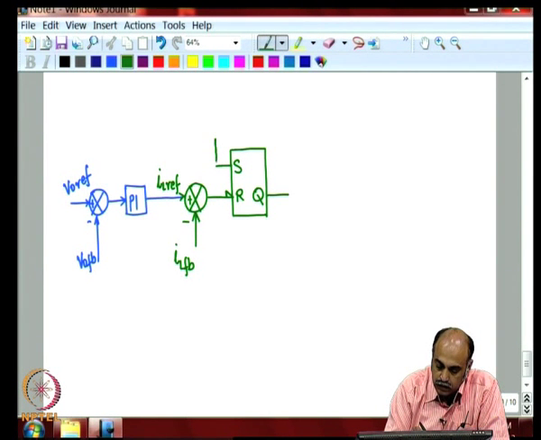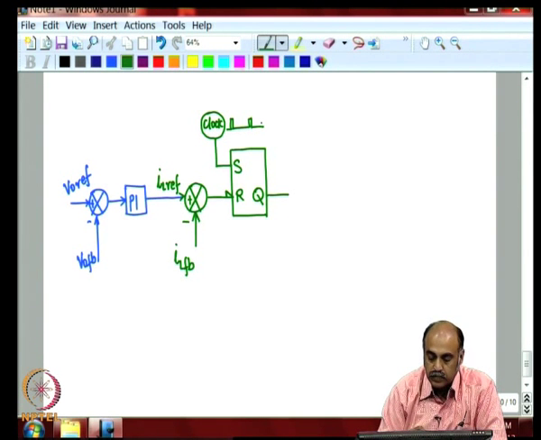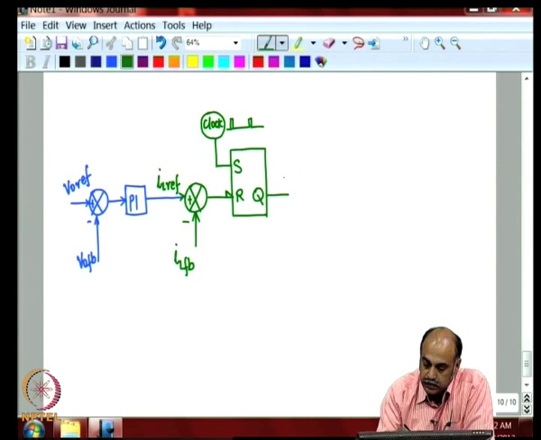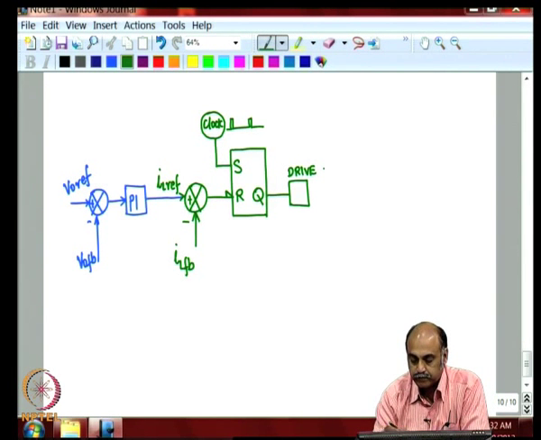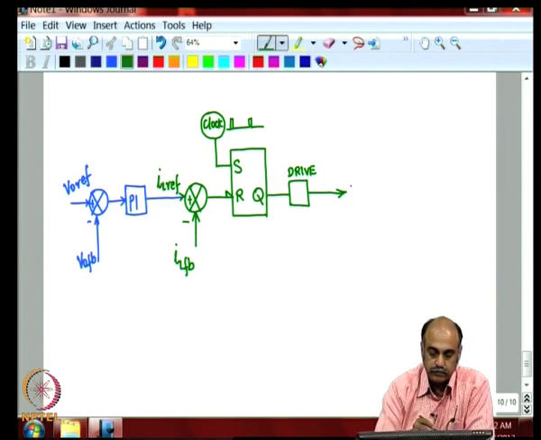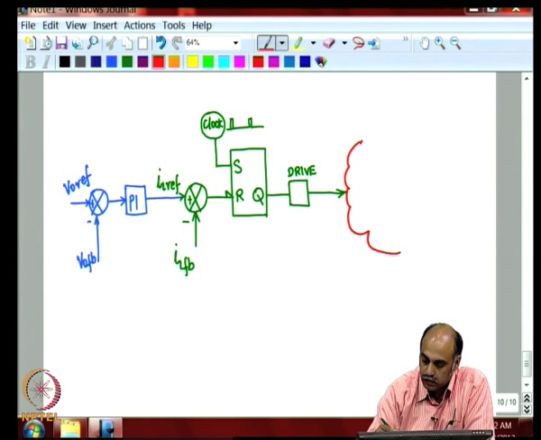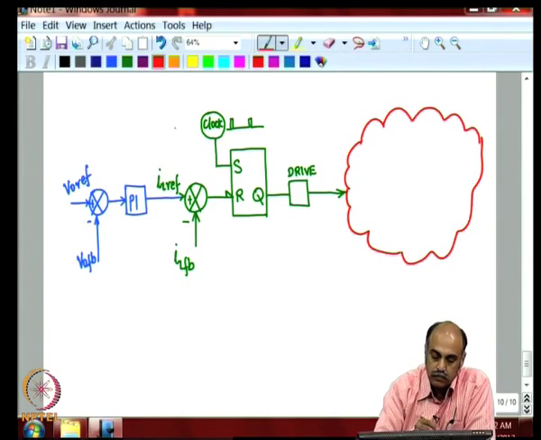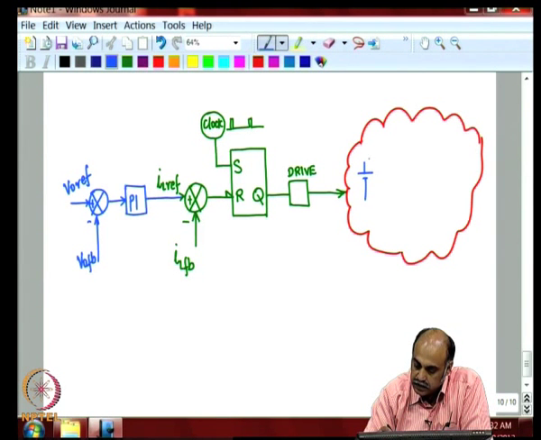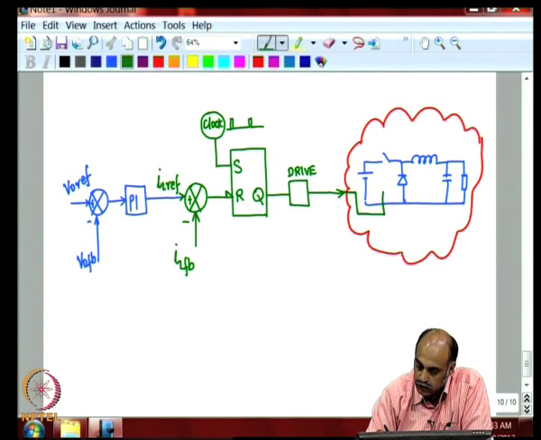Now, at the set point, you are giving a clock, which actually tries to set the SR latch every cycle, and this goes to the drive, and then into the plant, which is composed of some DC-DC converter, and let us say we have the buck converter for now, could be boost converter or any isolated converter, in this fashion, where the switch is controlled here.